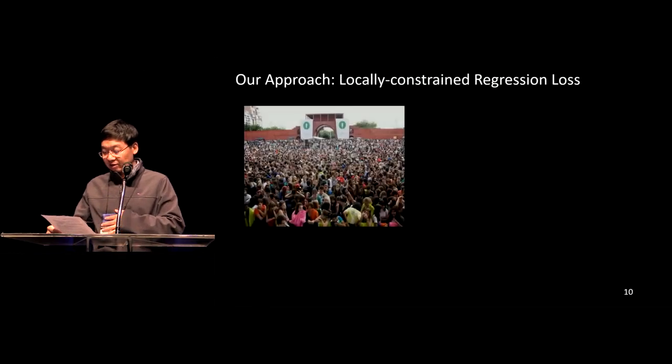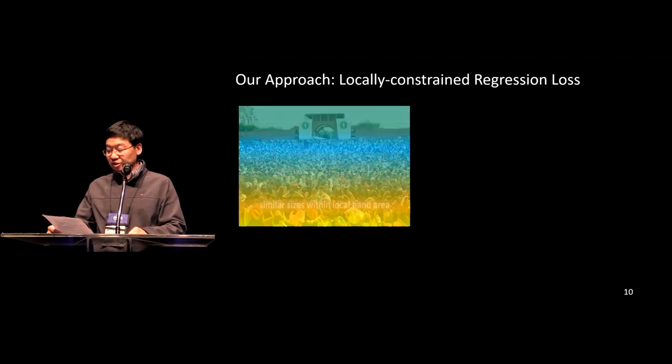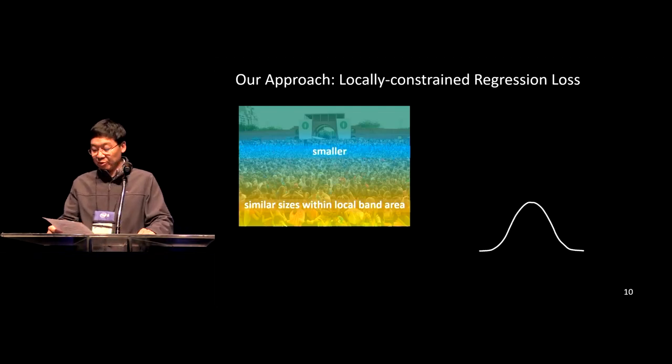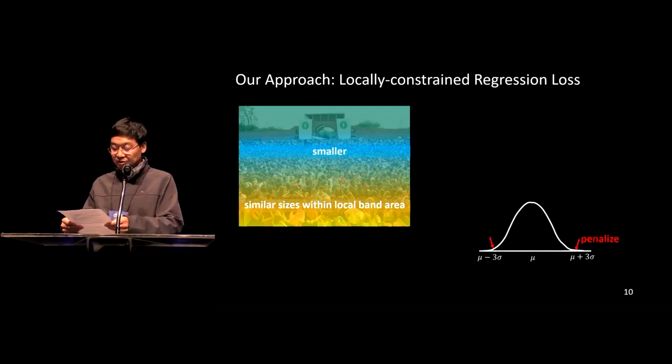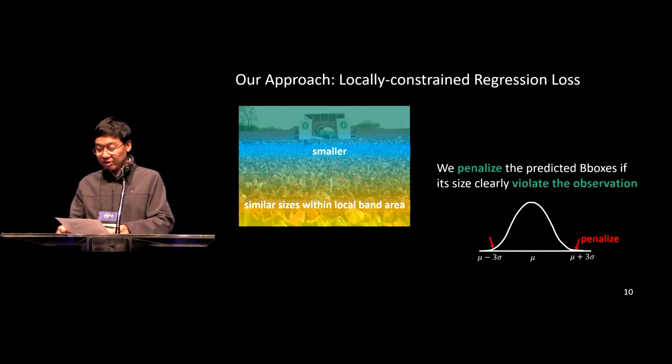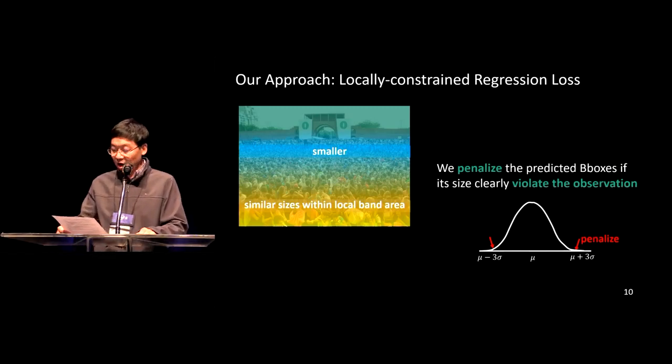We observe that person heads in the same horizontal line in an image usually have similar size and gradually become smaller in the remote area of the image. According to this, we statistically compute the mean and standard deviation of head sizes within a local area and design a locally constrained regression loss to penalize predictions whose size exceeds the 3 sigma error bounds.